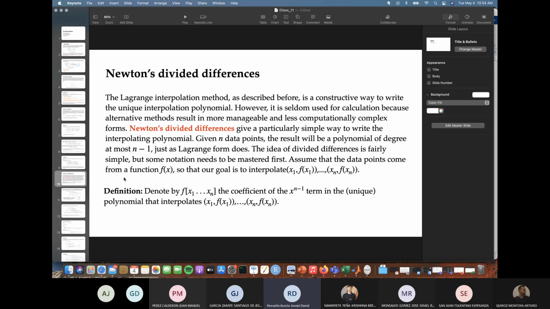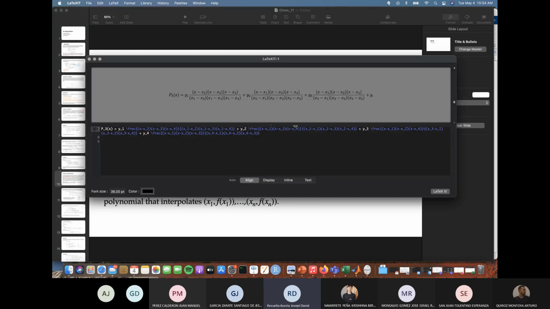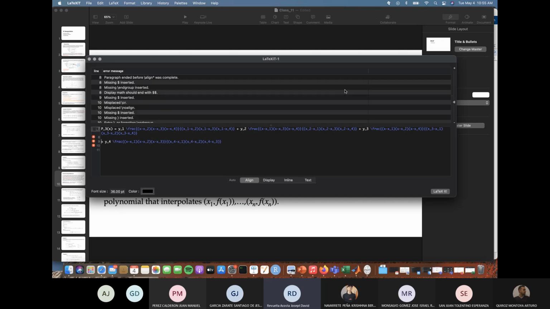So there is a limit in LaTeX. But let's see if this works like this. I don't think so. Nope.